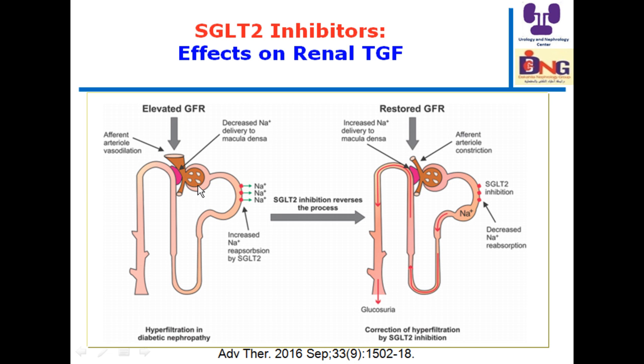Using sodium glucose cotransporter 2 inhibitors leads to decreasing sodium reabsorption, so sodium will reach the macula densa, restoring tubuloglomerular feedback, leading to afferent constriction and efferent dilatation and the reduction of the hyperfiltration. So this is a very good friend.